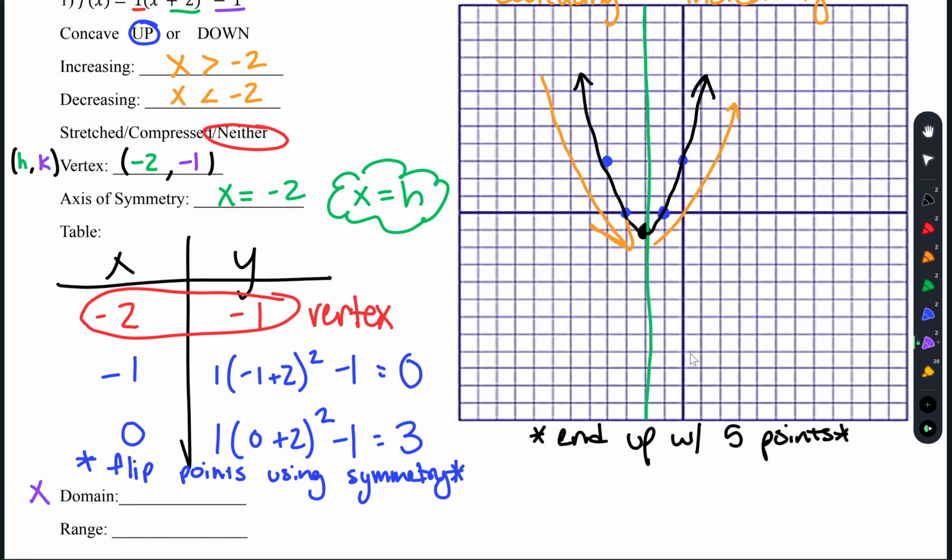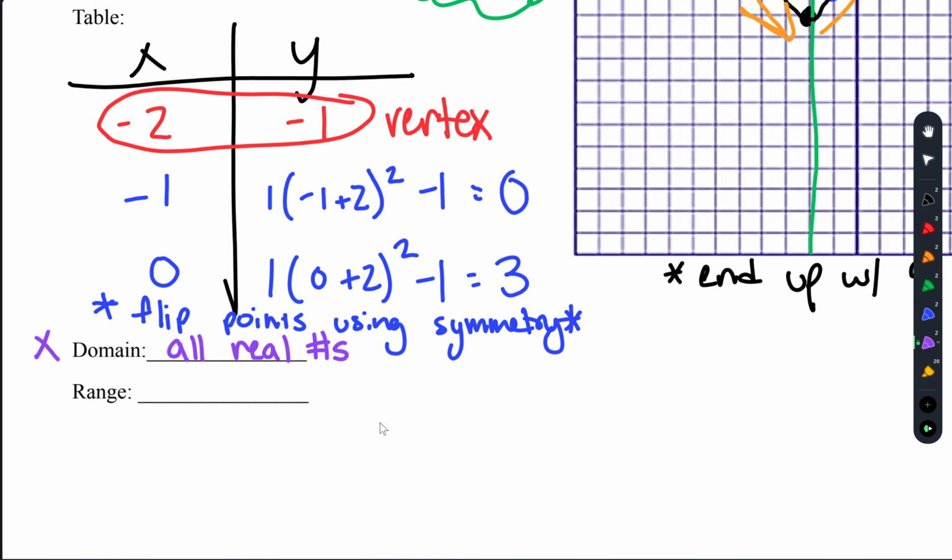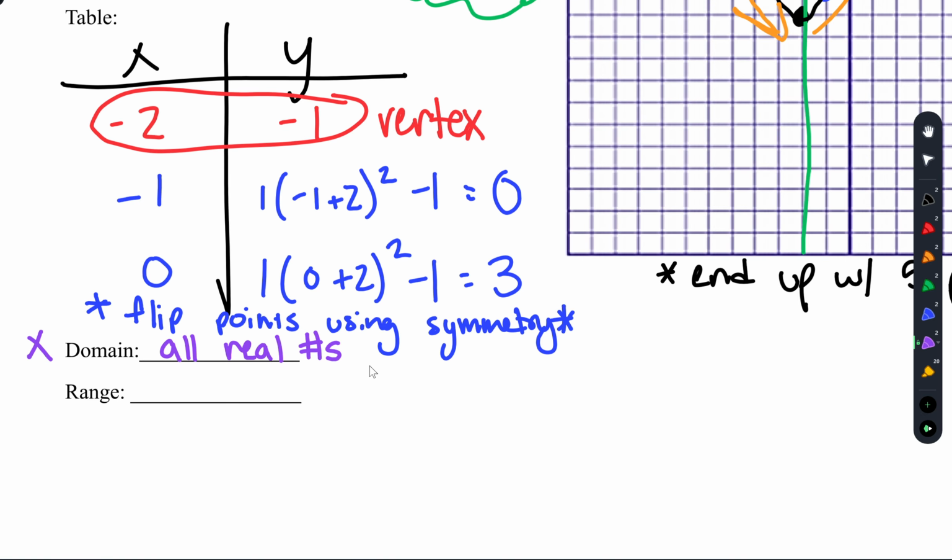That means it's going to touch all real numbers. We have an abbreviation for all real numbers. If you would like to use it, you could use this capital R with an extra line through it, which means the same thing. Or you could just say all real numbers. Okay, so that's how far left or right we are going.